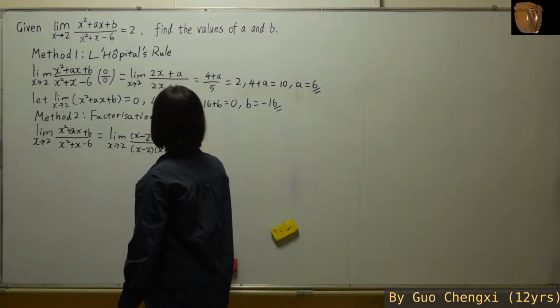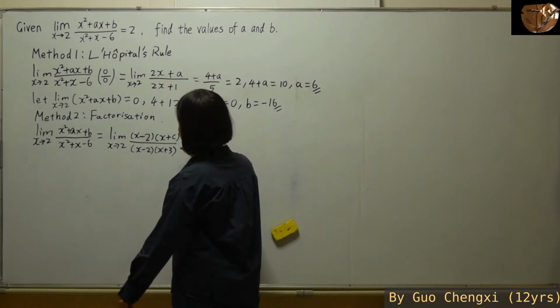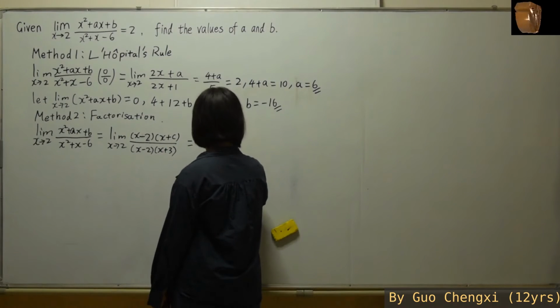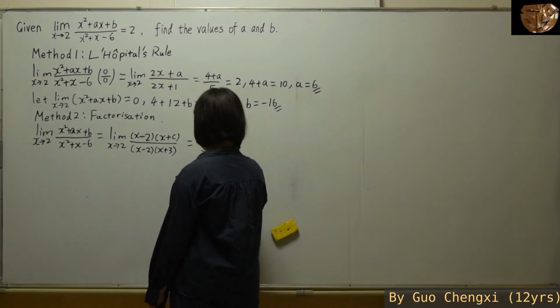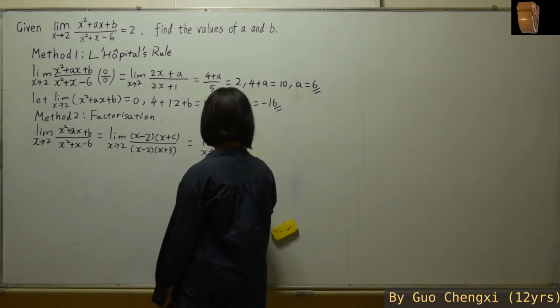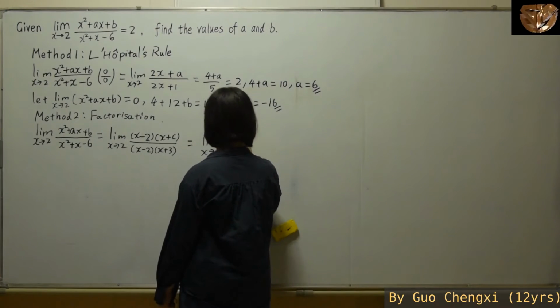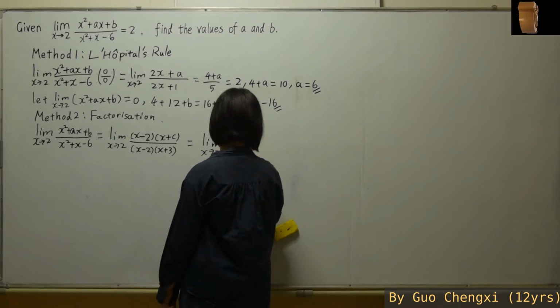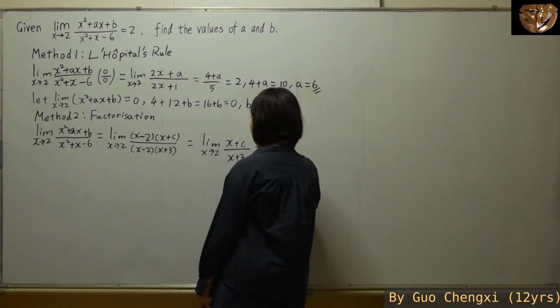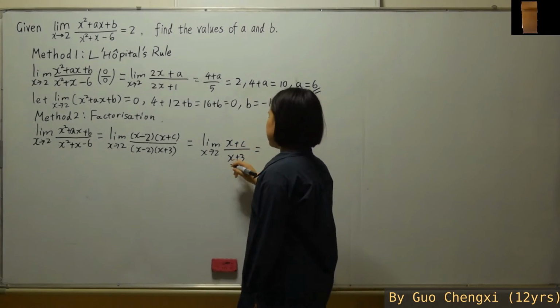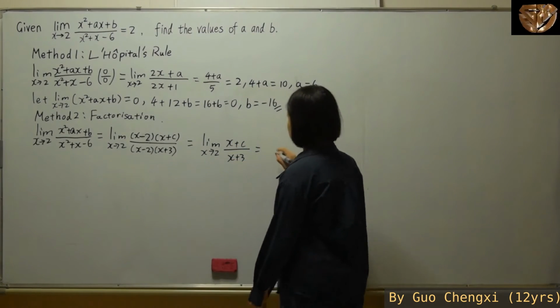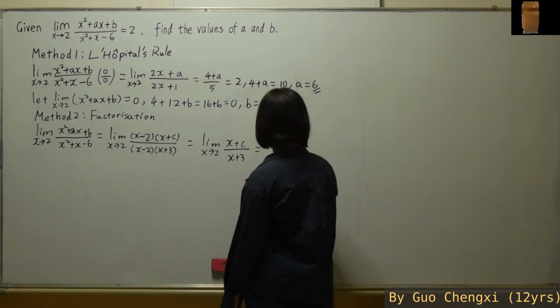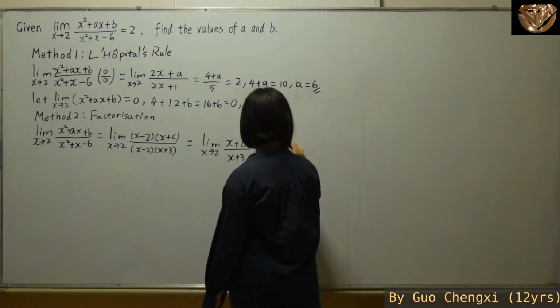From this part, you can simplify the x minus 2 and you'll be left with x plus c over x plus 3. If you substitute inside, it would not be an indeterminate form.